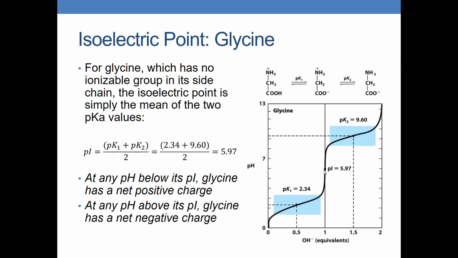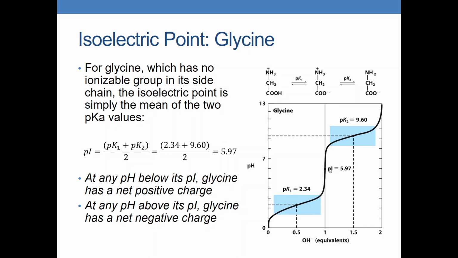If at my pI I have a net 0 overall electrical charge, and let's say when my pH equals 2.34, based on the logic that we've already laid out, I have an overall charge of 0.5, then really anything between 0.5 and 0, which occurs at my pI, is still a positive charge. So when the pH is below my pI, my amino acid has a net positive charge, and at any pH above my pI, my amino acid has a net negative charge.